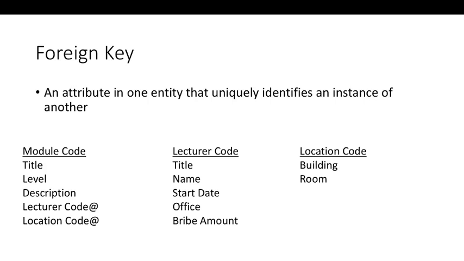We have a lecturer entity. Lecturer code is the primary key, title, name, when did they start, where's their office, how much could it cost to bribe them in order to pass. And then we also have a location entity, some unique identifier primary key for the code, and that would probably also know what's the building that it's in, David Keir, what's the room number it is, that kind of thing. So we'd link those together.